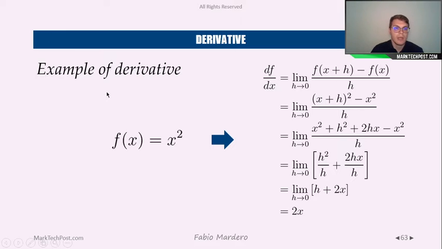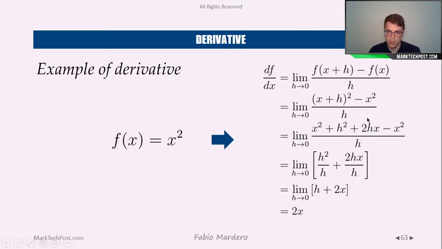Let's take a look at an example of a derivative with respect to a generic point x. The function can be written as f of x equal to x to the power of 2. Let's use the definition of the limit. So again, f of x plus h is equal to x plus h to the power of 2, and so on. We compute this power and subtract x squared, and we get two terms.